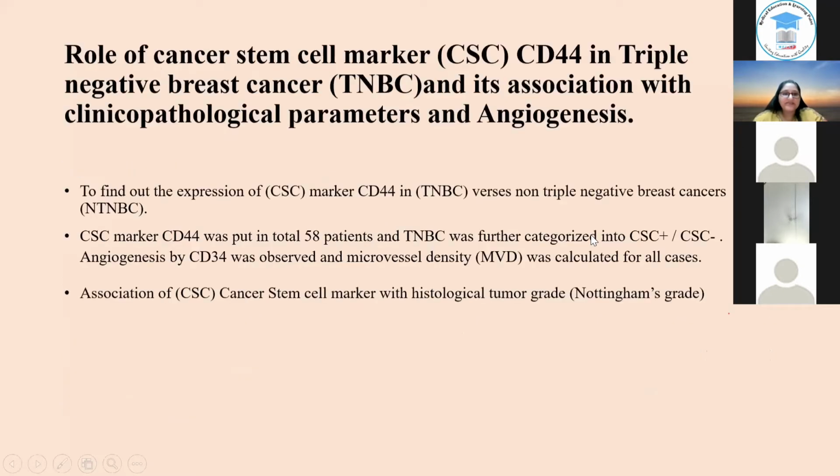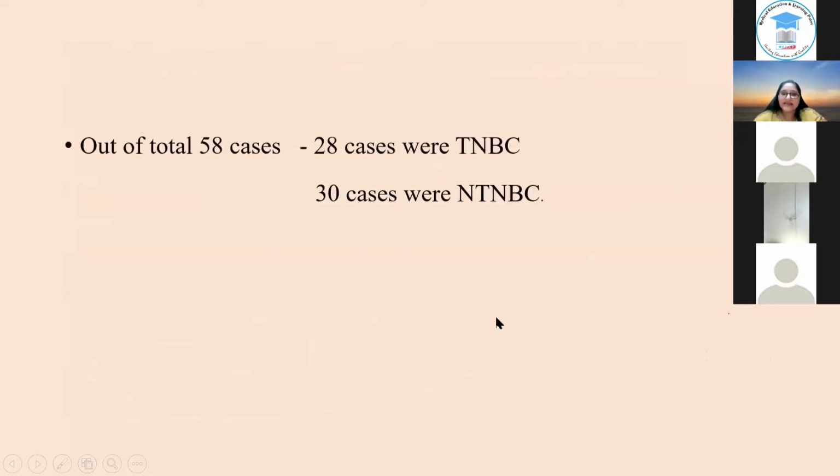What we did in this research, we found out the role of cancer stem cell markers in TNBC and its association with clinico-pathological parameters and angiogenesis. We found out the expression of CD44 specifically in TNBC versus non-TNBC. And these cases were associated with histological grade and angiogenesis.